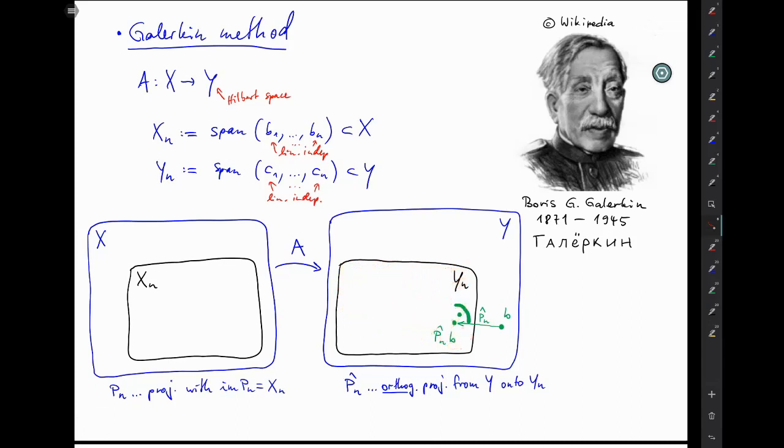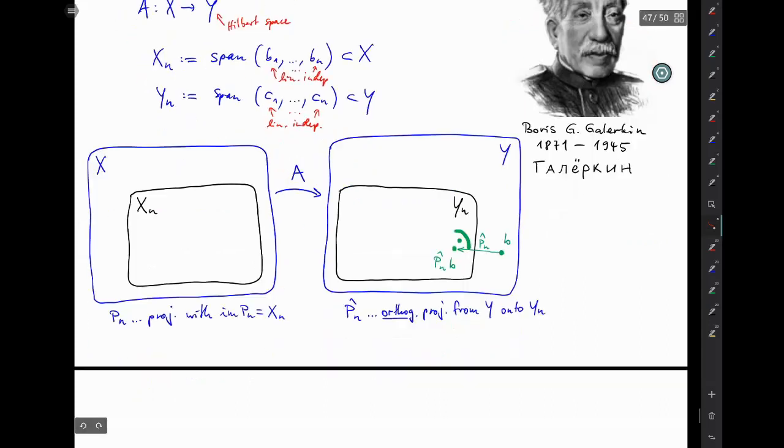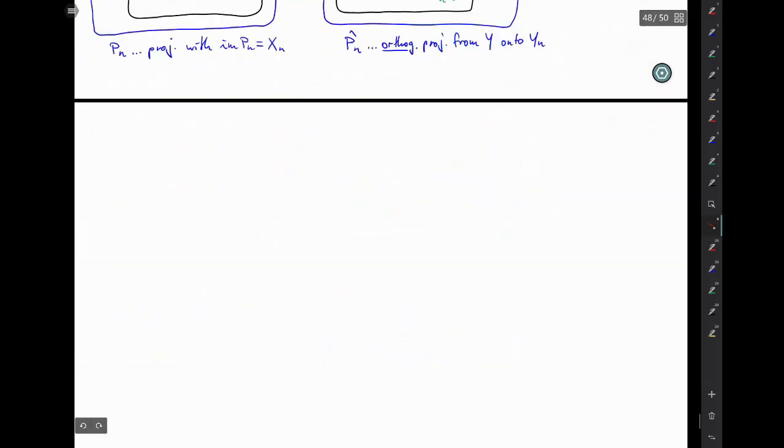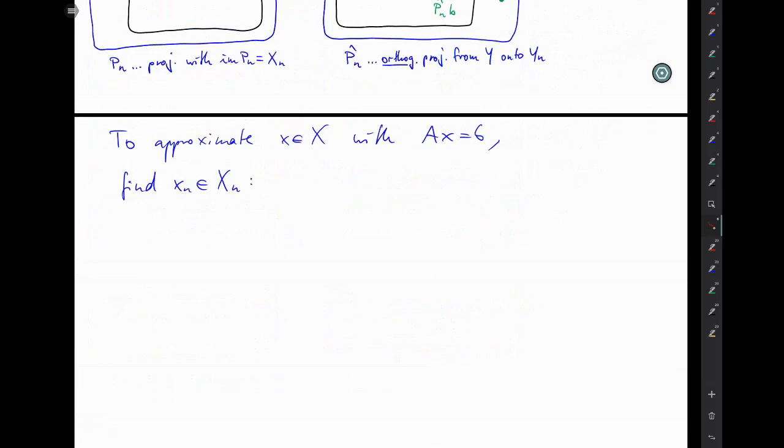Good, and now we are all excited to get to know the method of Boris Grigorievich Galerkin. Here we go. And you start as you always do, so you want to approximate the solution of your original equation, which is a unique solution because we are assuming A to be invertible. And we do that by approximations in our finite dimensional subspace xn.